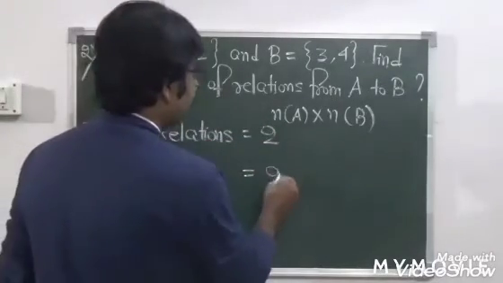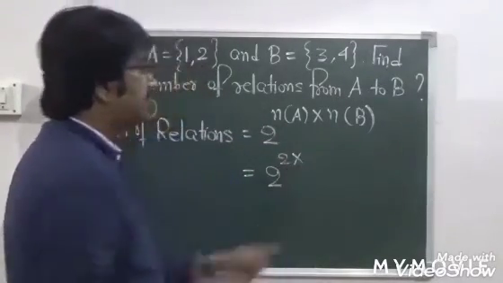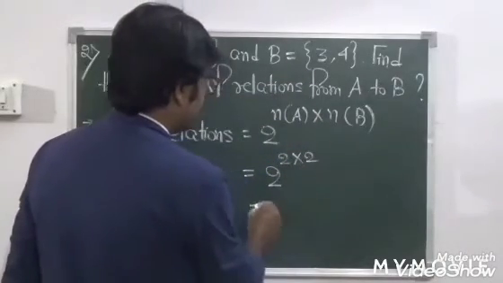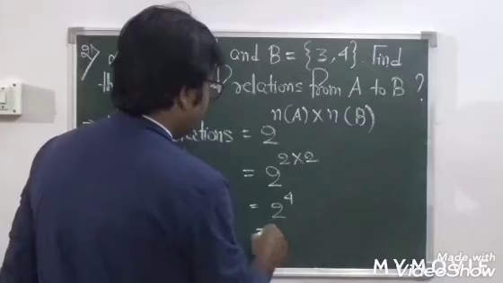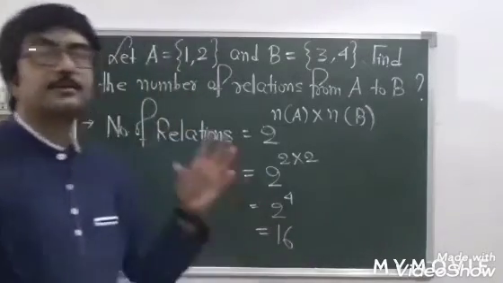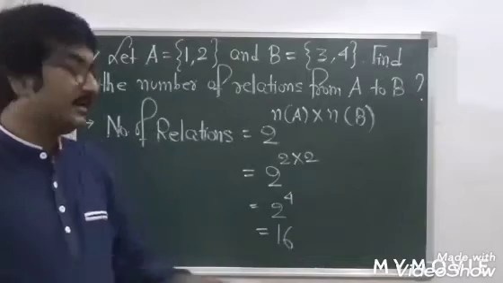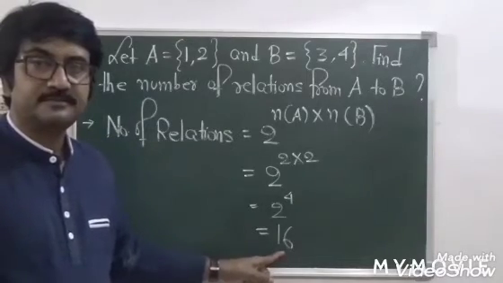So you can write it as 2 power 2 multiplied by the total number of elements in set B, and that is also 2. So this is 2 power 4 and that is equal to 16. So the total number of relations that can be defined from set A to set B is 16.